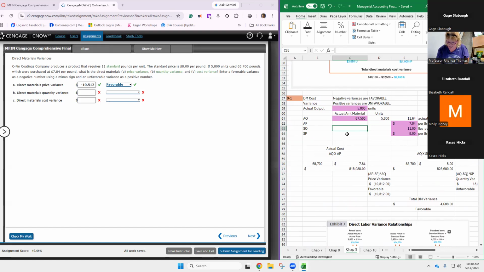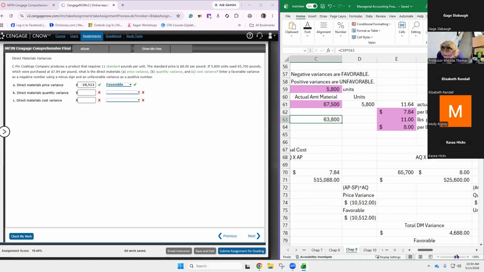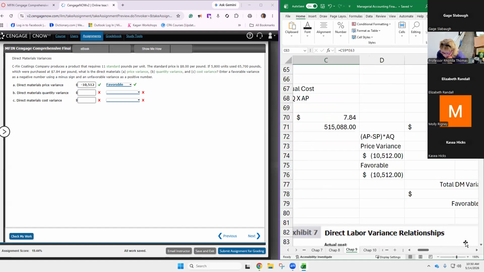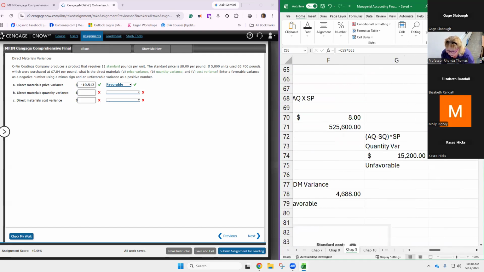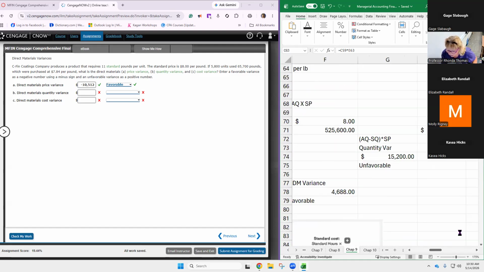SQ is going to be the actual output times the standard, what it should have been. So there it is. And I calculated that so that now I can use it over here. Whoop, it's bigger. Now I can use it over here. Okay, now I've got it too big, sorry.